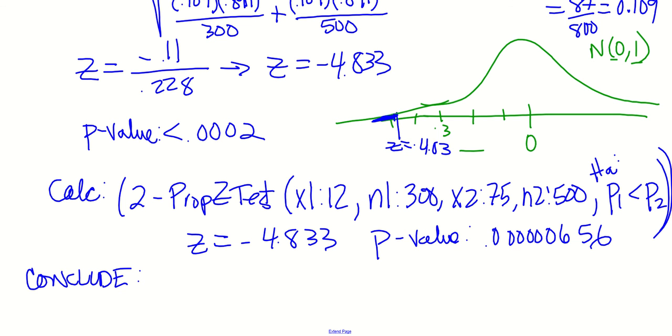And hopefully this is what you said, because our p-value, which is almost 0, is less than alpha, which was, actually, I'm not sure that this problem gave us an alpha.